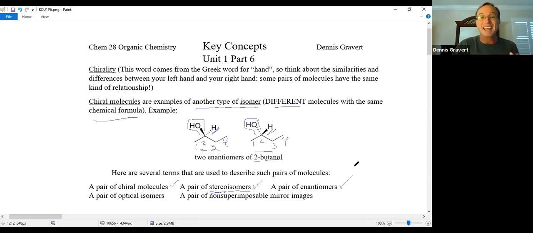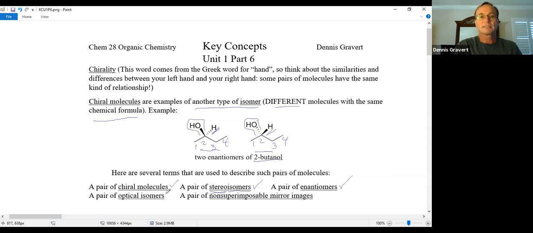A pair of enantiomers. I should go and look up and see how that word was derived. I just remember, if you hear enantiomers, we're talking about chiral molecules, and we have a pair, right? A pair of enantiomers, a left-hand and a right-hand form. One way to test in the laboratory whether or not a molecule is chiral, whether or not it possesses handedness, is to see if it can interact with light.